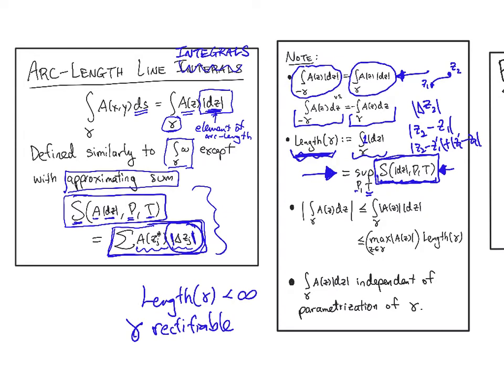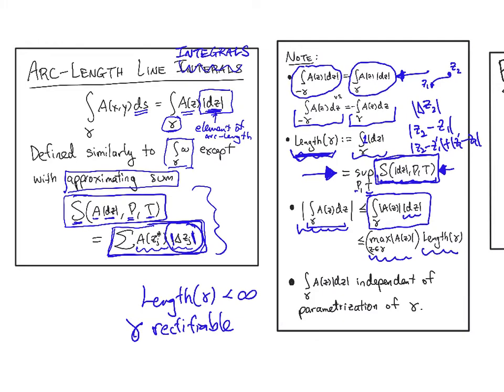Also, what you get straight from our approximating sums is that the absolute value of the line integral of A over gamma can be bounded by the arc length line integral of the absolute value of A. And you can even bound this by the maximum of A over the curve times the length.